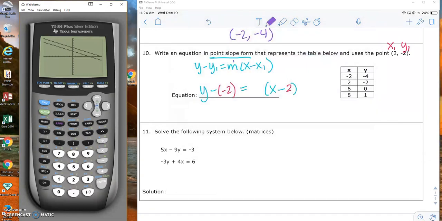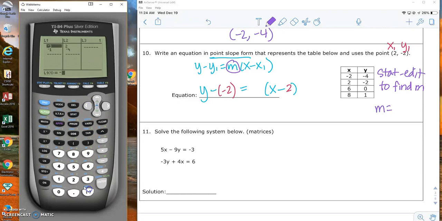Okay, now notice I'm missing that m, so in order to find m, I'm going to use stat edit and let the calculator do that for me. So I'm going to go back to stat edit. I'm going to type in these numbers exactly like I see them, pressing enter after each entry.